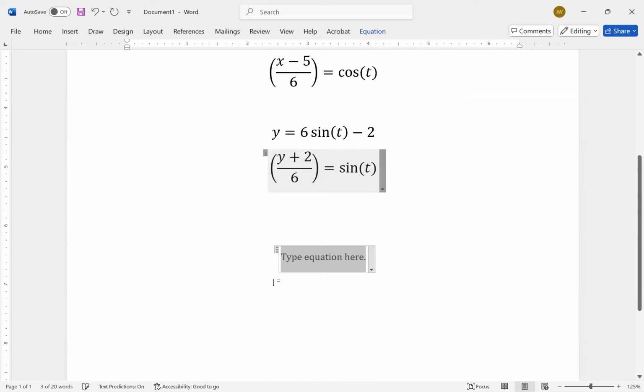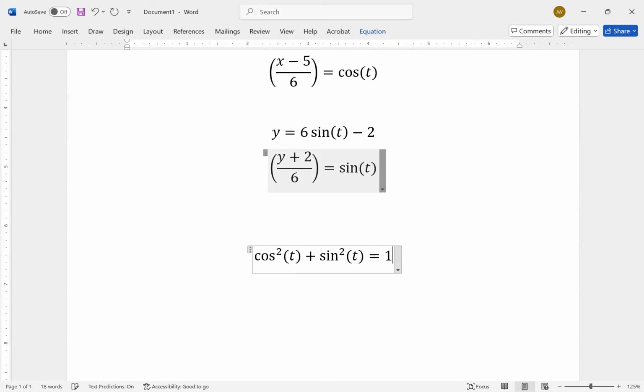But we know that there is this identity, the Pythagorean identity, which says cosine of any angle squared plus sine squared of that same angle has to add to give us 1.